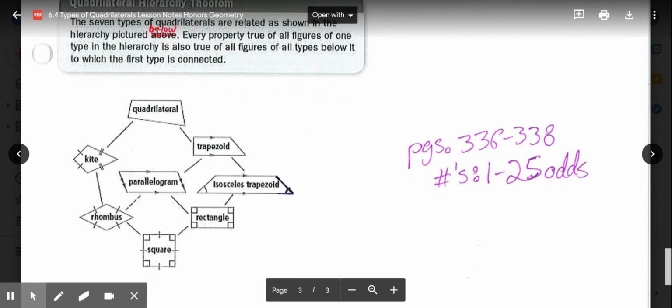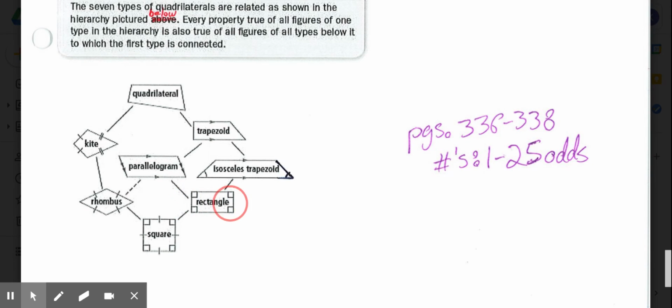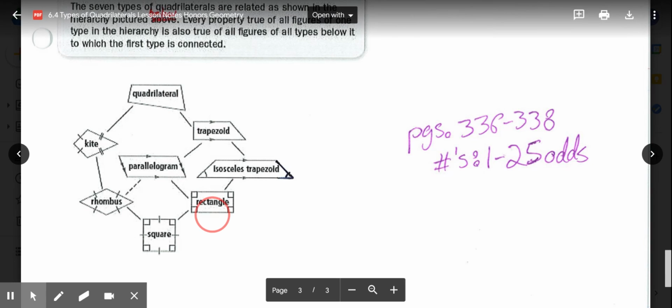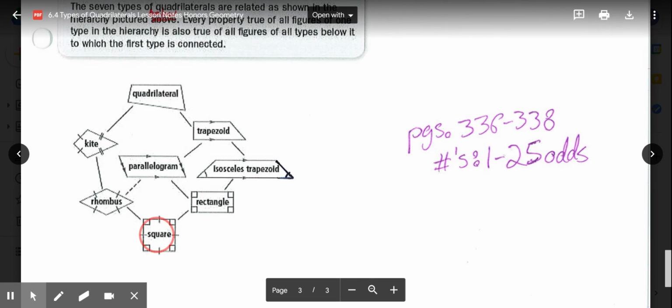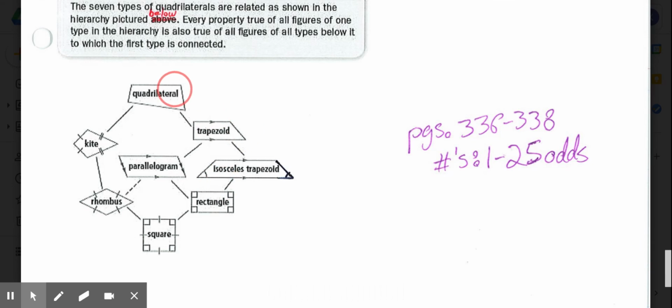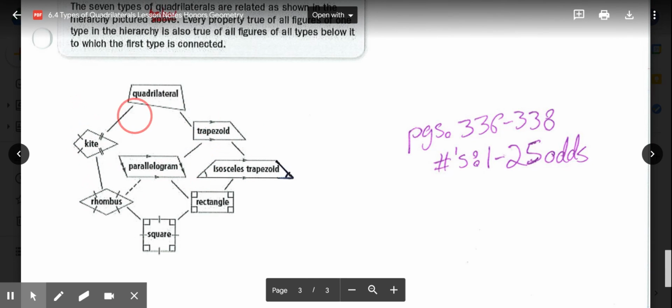In other words, a rectangle is below a parallelogram, an isosceles trapezoid, a trapezoid, and a basic quadrilateral. So a rectangle has its own properties, but it also shares the properties of a parallelogram, isosceles trapezoid, trapezoid, and quadrilateral. A square down here would share the properties of everything above it that it's connected to.